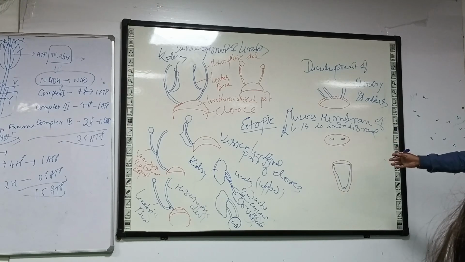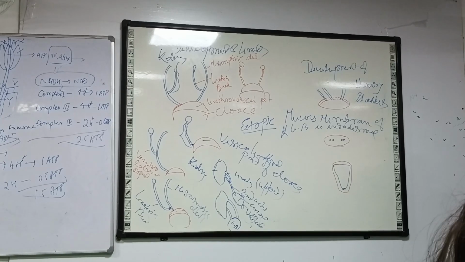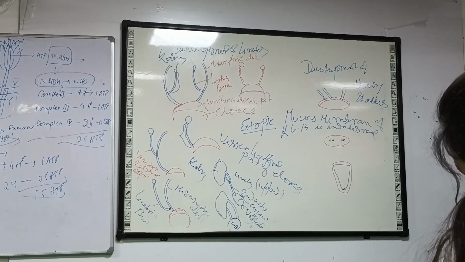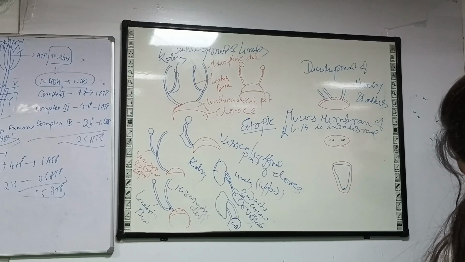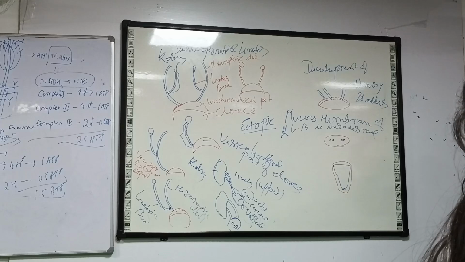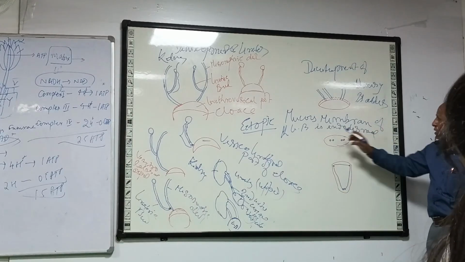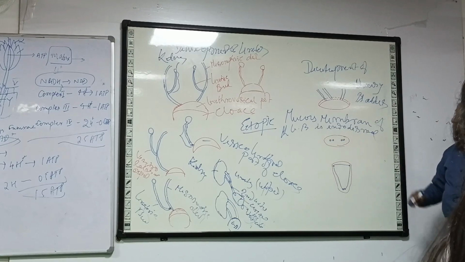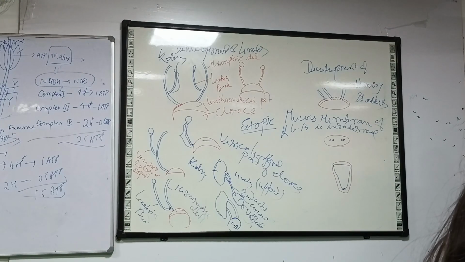And as the urinary bladder develops from the lower part, that is the cloaca of the hindgut, the inner lining, if you see any organ in the cavity, is lining epithelium. So the mucous membrane of the urinary bladder is endodermal in origin.